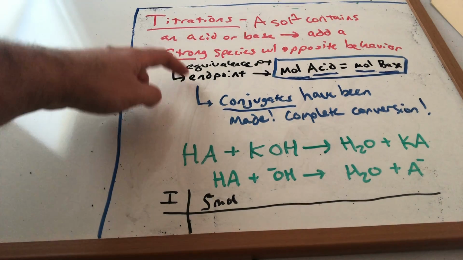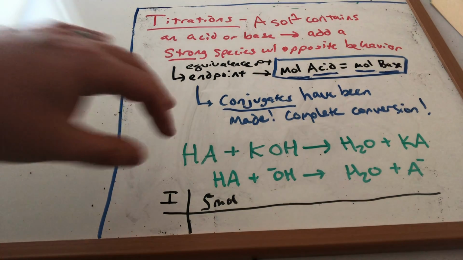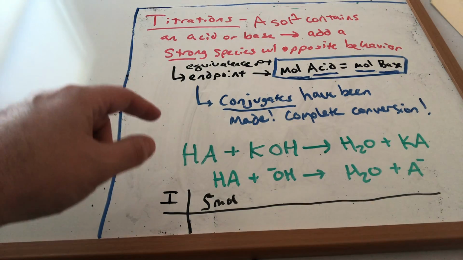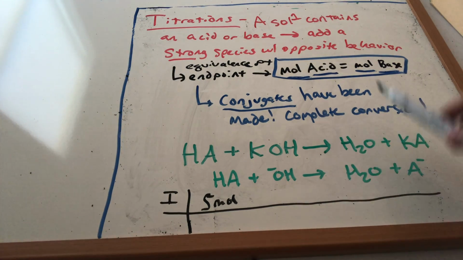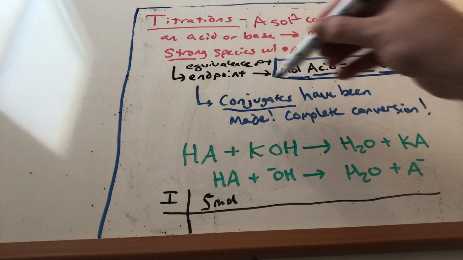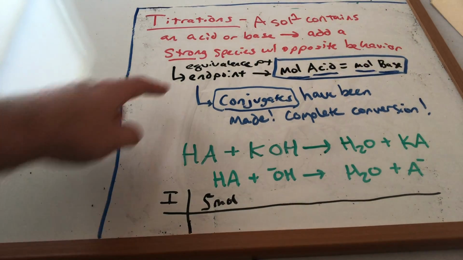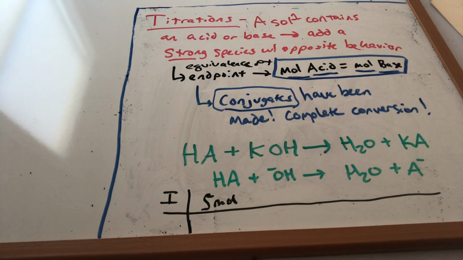So at the endpoints or the equivalence points, which are the same thing for us from a lecture standpoint, the conjugates have been made. There's a complete conversion of starting material to its conjugate. Those conjugates then control the chemistry and the pH at the endpoint, right?